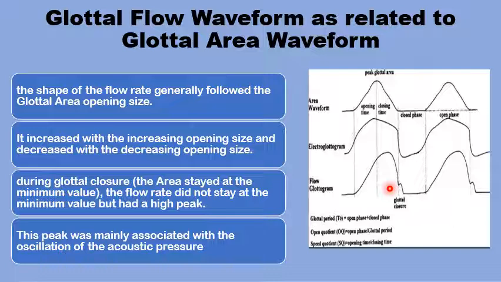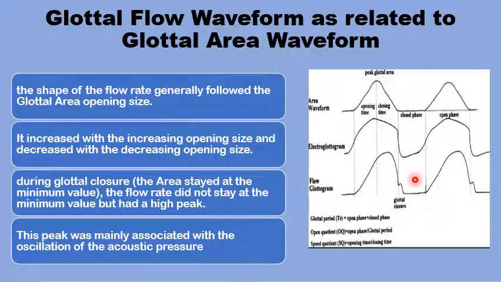The shape of the flow rate generally follows that of the glottal area opening. As the glottal area increases in size, then the glottal flow would also increase. As it starts decreasing in size, the glottal flow would also decrease. So there are some obvious similarities, but there are also some interesting differences.